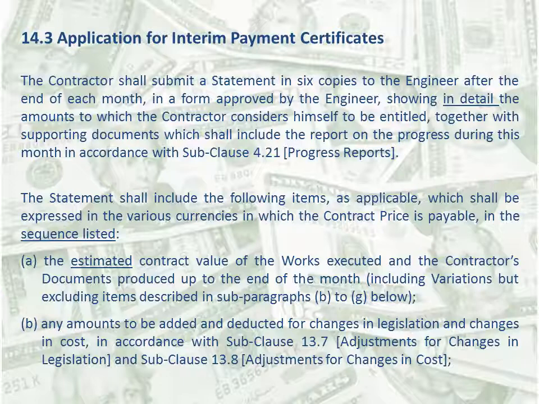In FIDIC 99, it says it is the contractor's obligation to provide the engineer with 6 copies, which is no different from FIDIC 87. Supporting documents should include a report on progress. This was not in FIDIC 87. But there is no definition of the term supporting documentation.